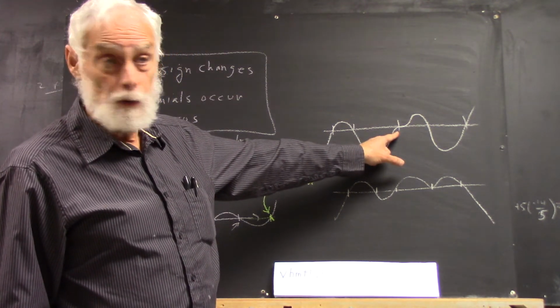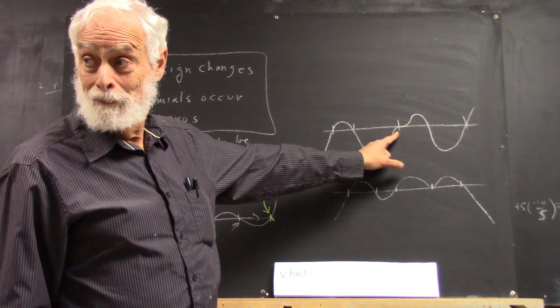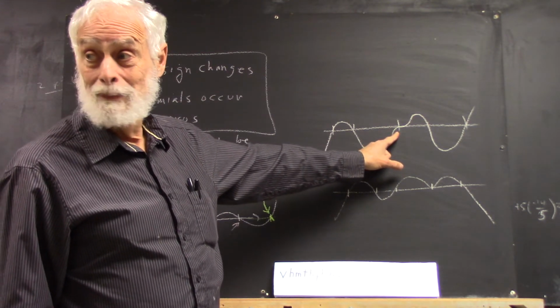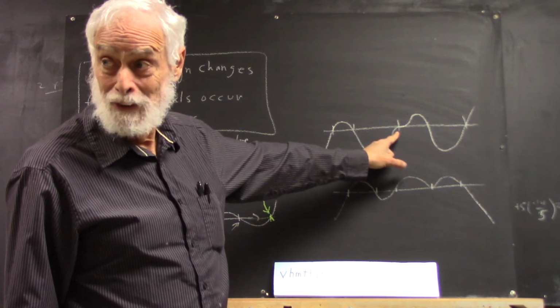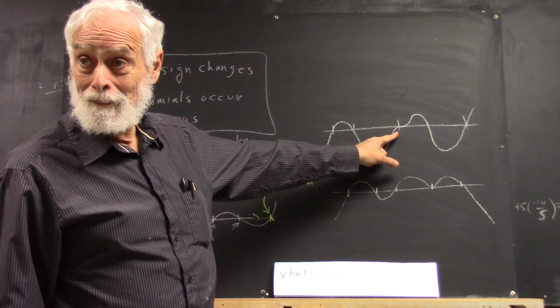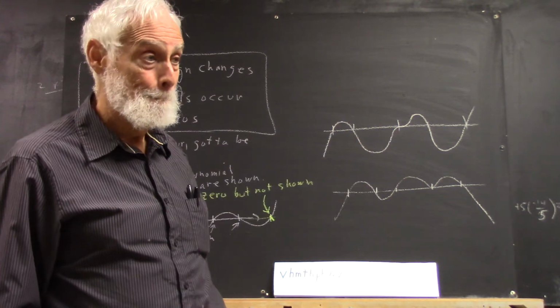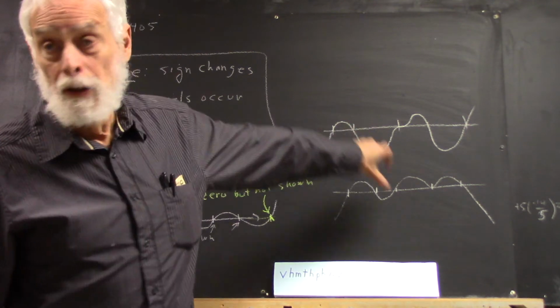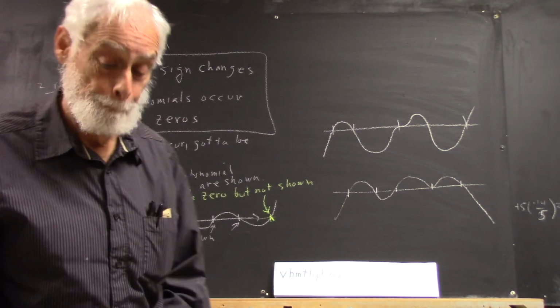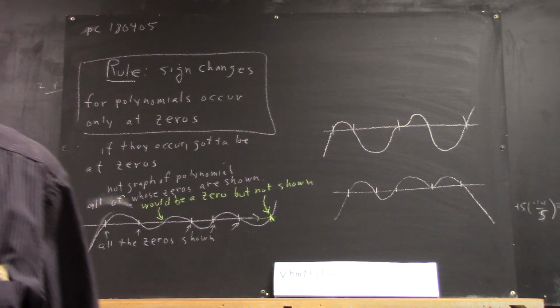A cube. Looks like your x cubed function. One of the many reasons the first thing I ask you to do is learn how to draw those graphs, right? So you recognize them, and understand how they occur so we can understand the graphs of polynomials. Okay. Look for your assignment.